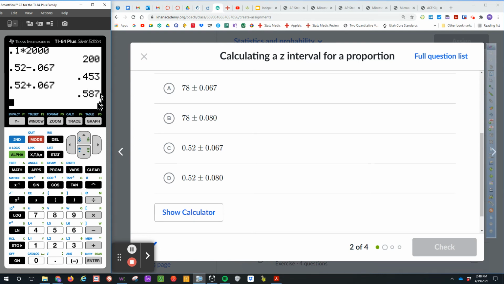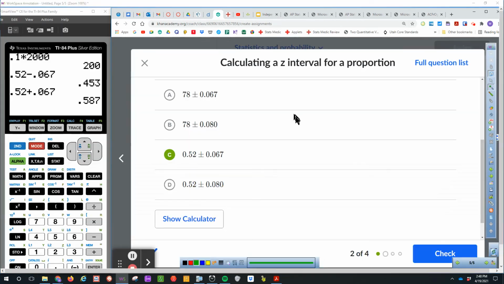See, 0.453 and 0.587. So C is the answer, right? So here the answer has been calculated, and they simplify for you.